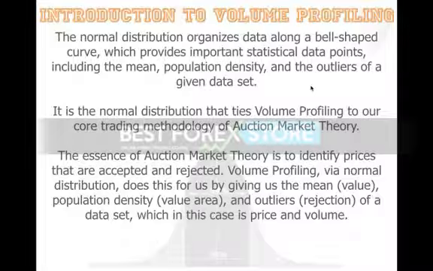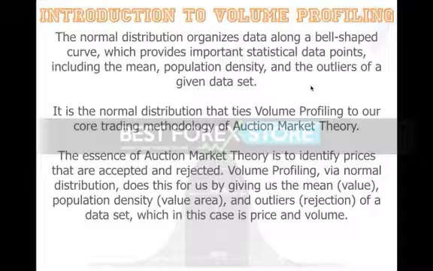Now, this is important. It is this normal distribution that ties volume profiling to our core trading methodology of auction market theory. You see, the essence of auction market theory is to identify prices that are accepted and rejected.